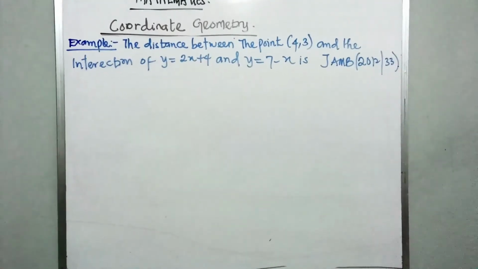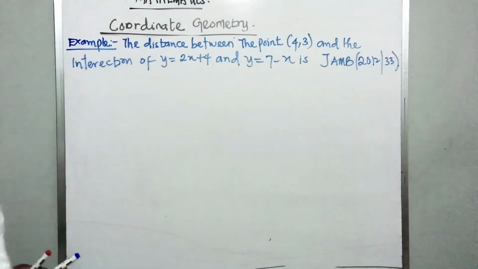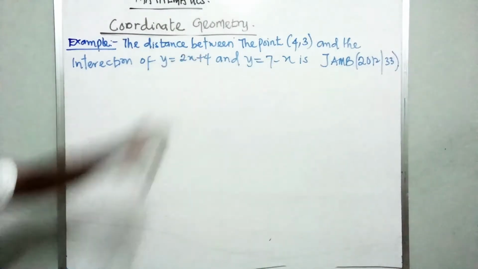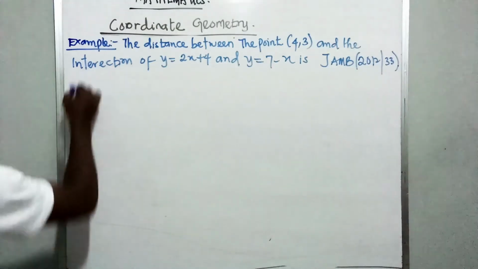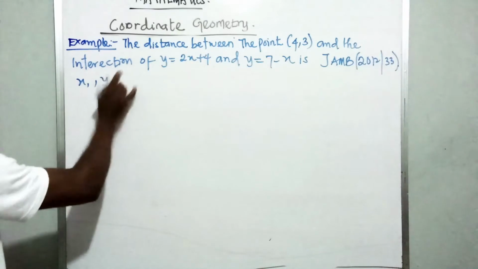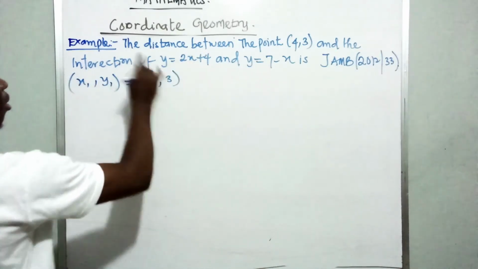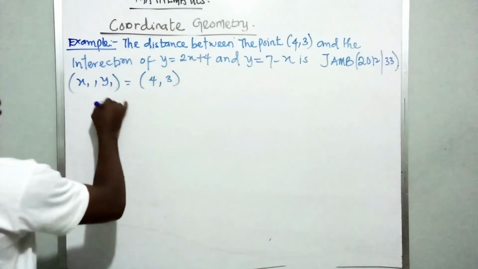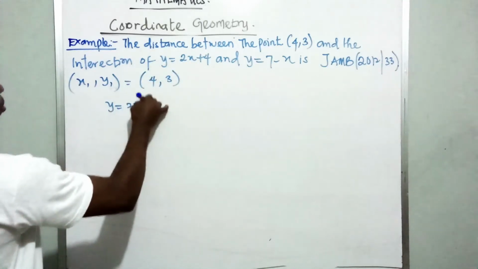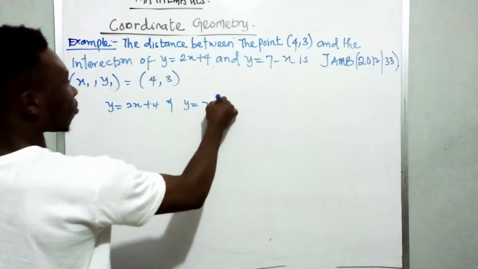Now looking at this question clearly, the distance between the point 4,3 and the intersection. Now 4,3 there is our x1, y1. For this intersection, y is equal to 2x plus 4 and y is equal to 7 minus x.